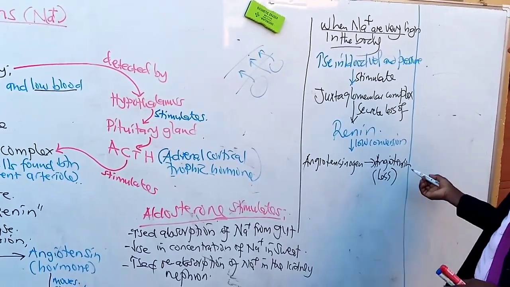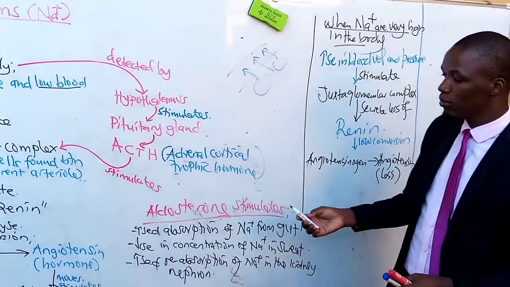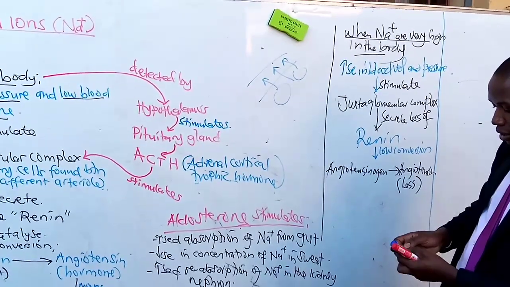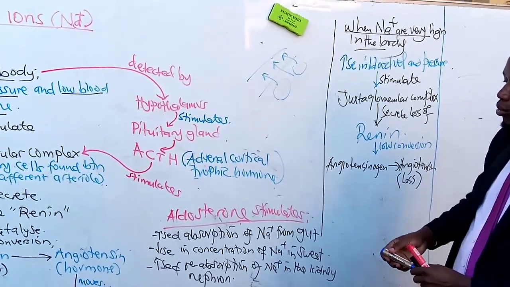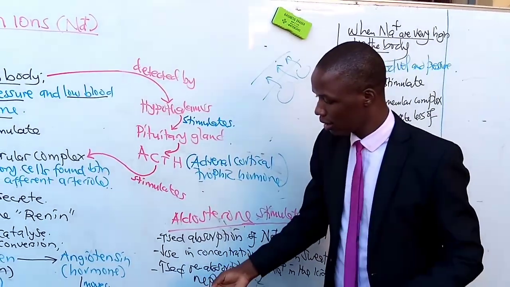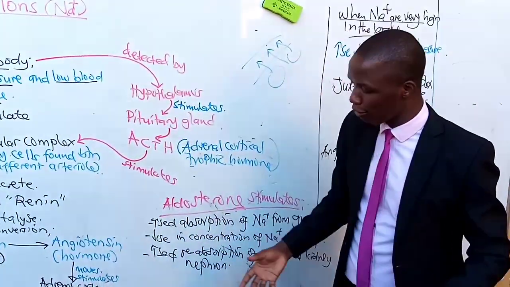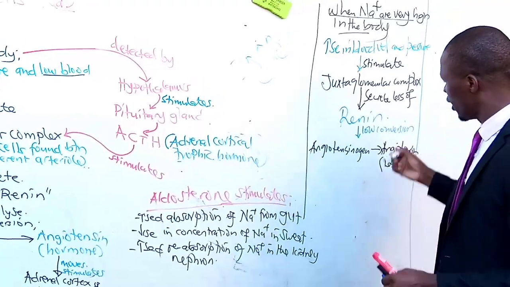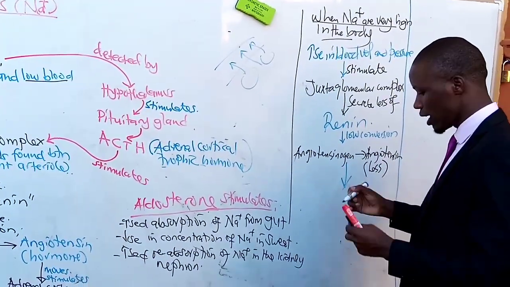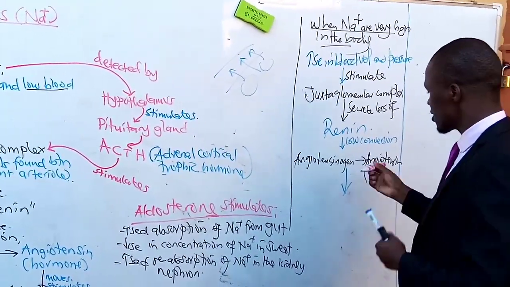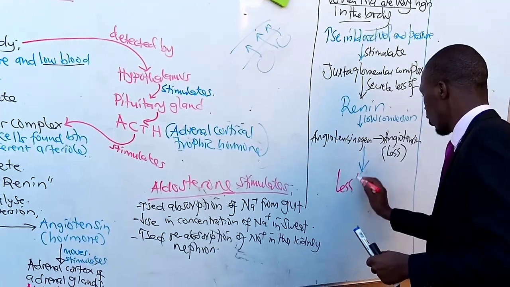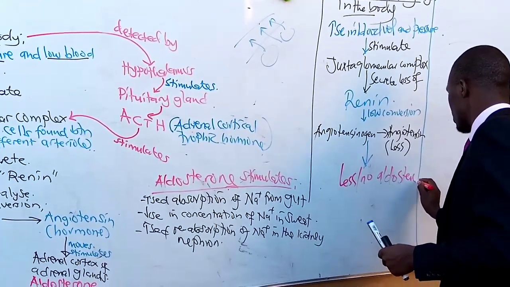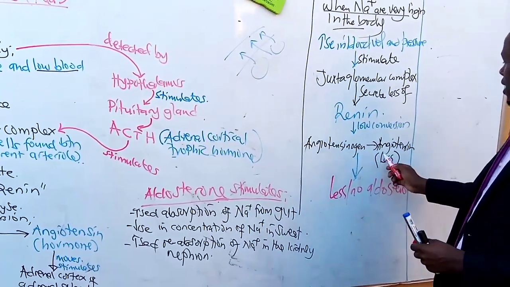So if we have less angiotensin, it means that it will not stimulate the adrenal cortex enough to produce enough aldosterone, meaning that at the end of the day we shall end up having less or even no aldosterone produced.